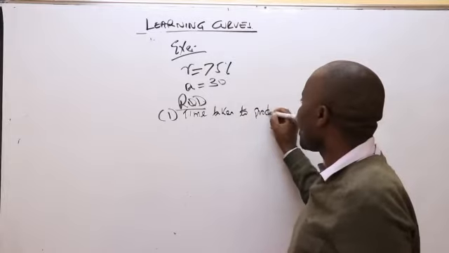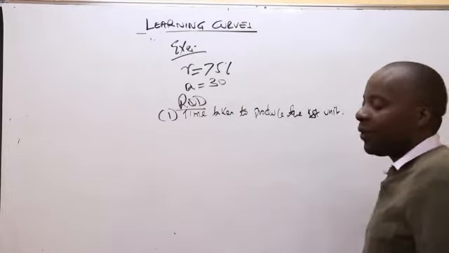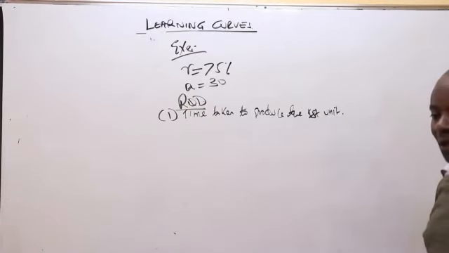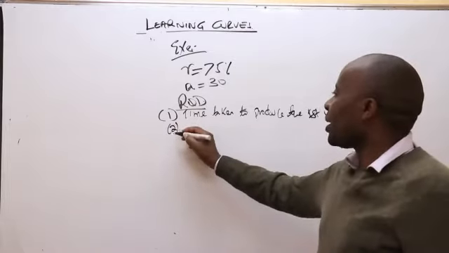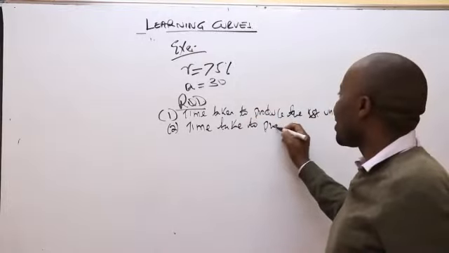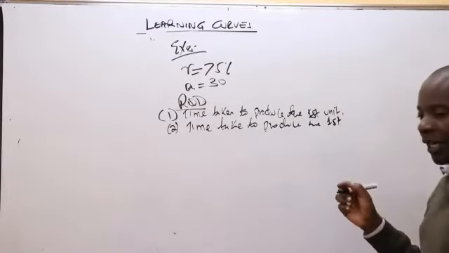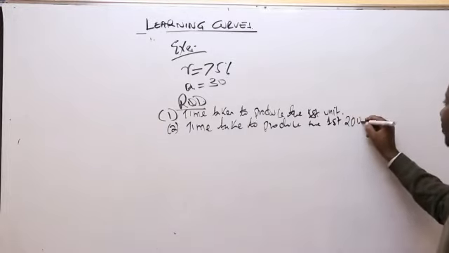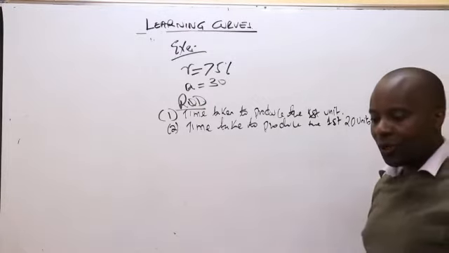Number 2, the time taken to produce the first 20 units.